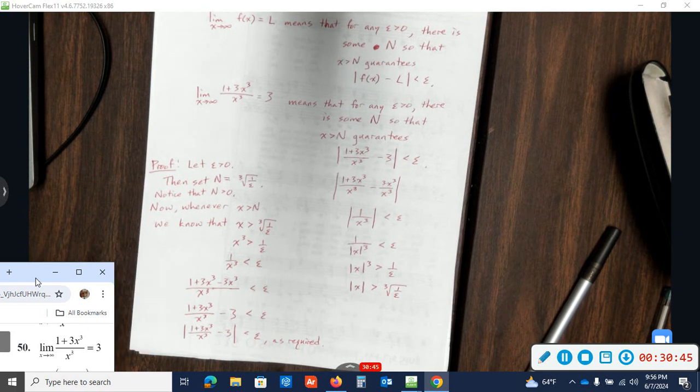And that's what I was trying to show. I was trying to show that there's an n value so that anytime x is bigger than that, I'm guaranteed that the function value is within epsilon of 3.